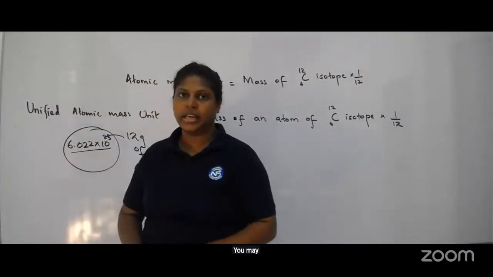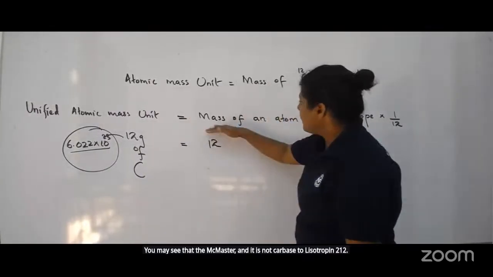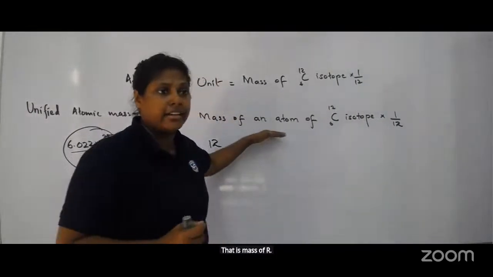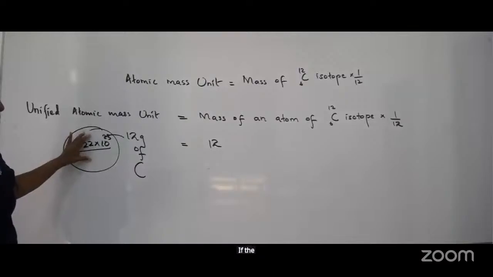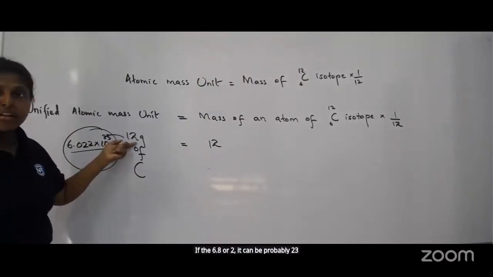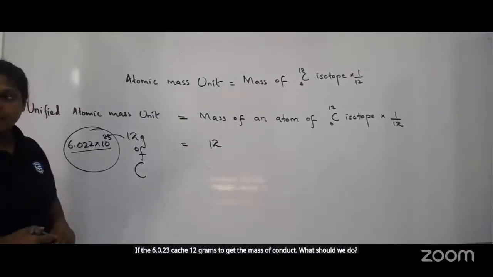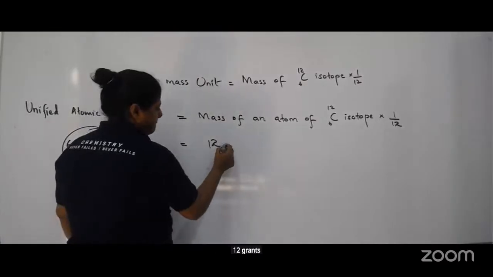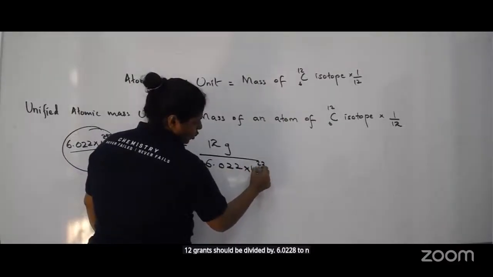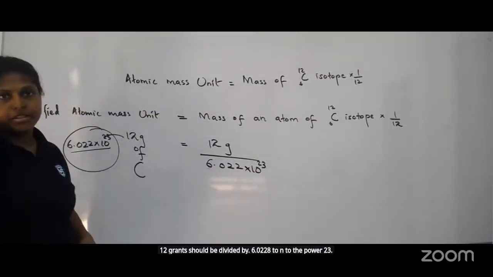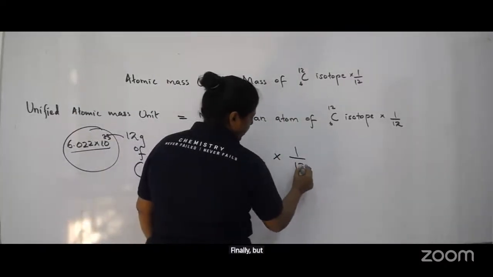The unified atomic mass unit is the mass of carbon-12 isotope into 1/12. That is the mass of one atom. If 6.022 into 10 to the power 23 atoms have 12 grams, to get the mass of one atom, 12 grams should be divided by 6.022 into 10 to the power 23 atoms, but into 1/12.